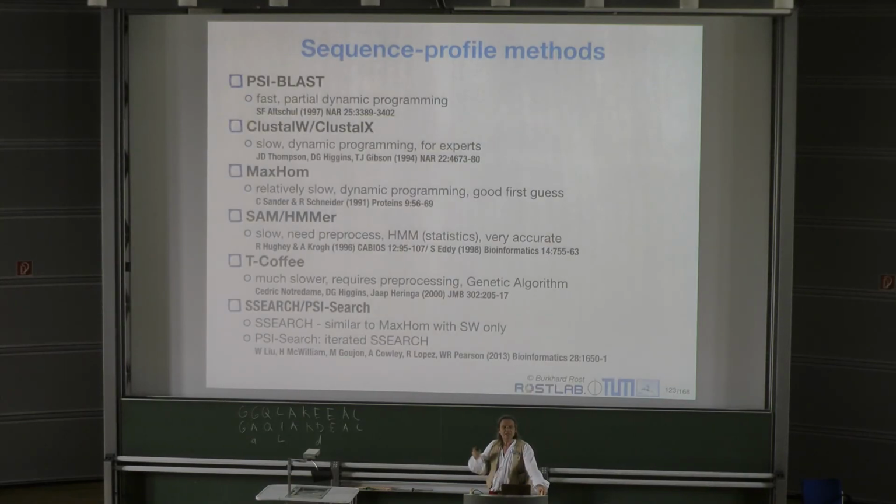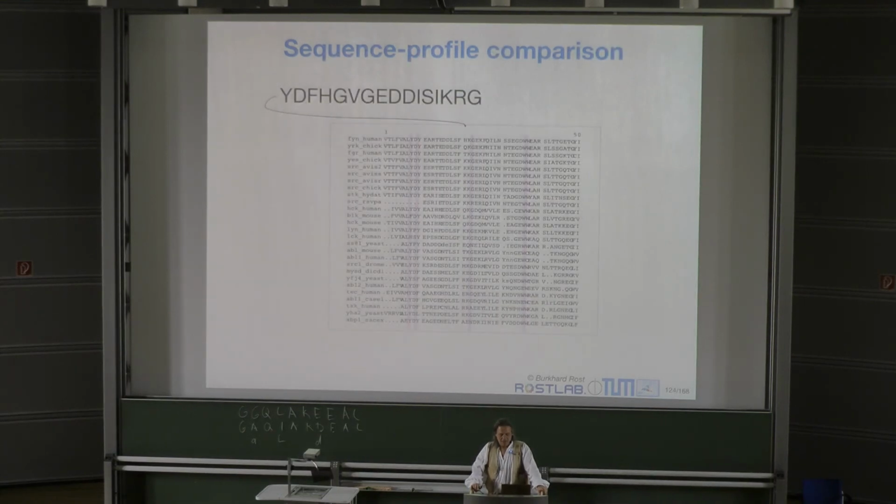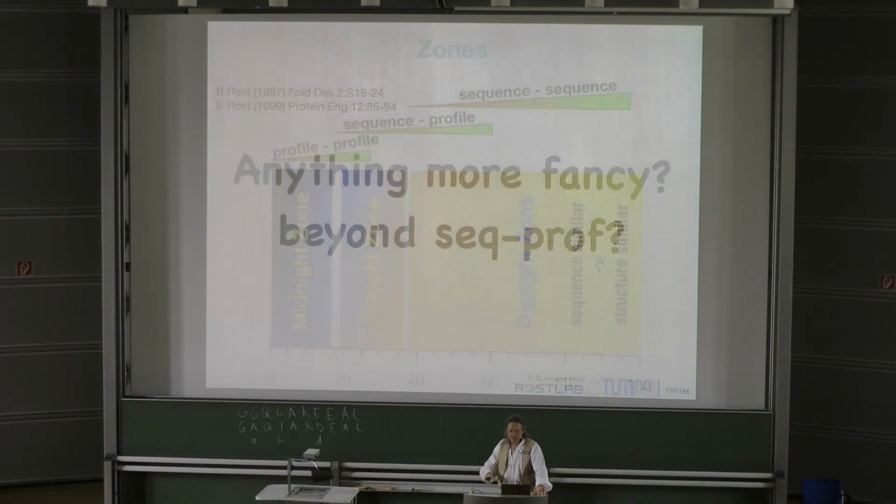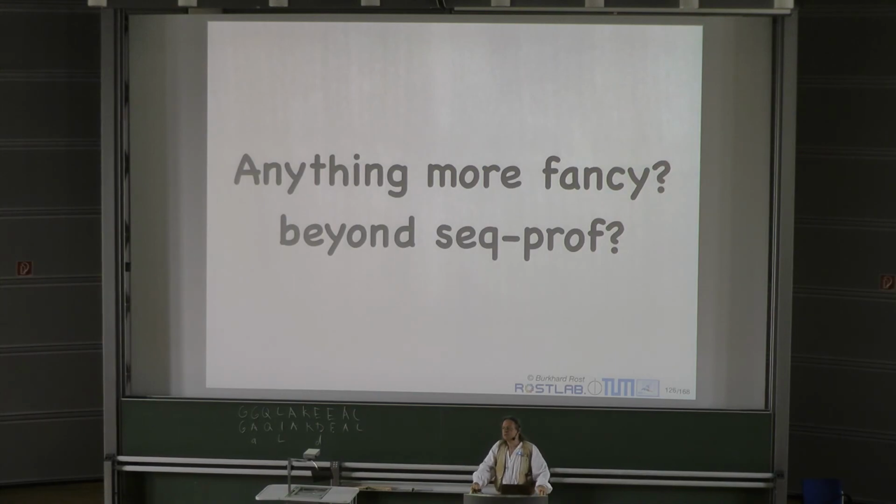There are many other methods, and some of them use sort of the PSI-BLAST kind of approach of fast searches. Some of them use a speed up on the dynamic programming. But ultimately, the ones I talked about are mostly used today as PSI-BLAST, followed by hidden Markov models. What these methods can do again, they can go into the Twilight zone.